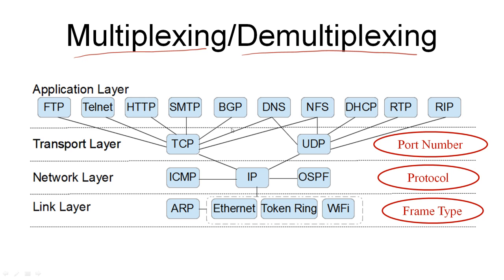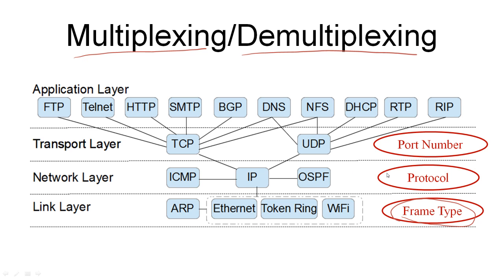This happens through certain fields within the headers. For example, the link layer header will have a field called the frame type, which specifies to which of the higher layer protocols this frame should be passed. If it has a type field that corresponds to IP, that message gets passed on to IP. If it has a frame type that corresponds to ICMP, it will pass the message to ICMP.